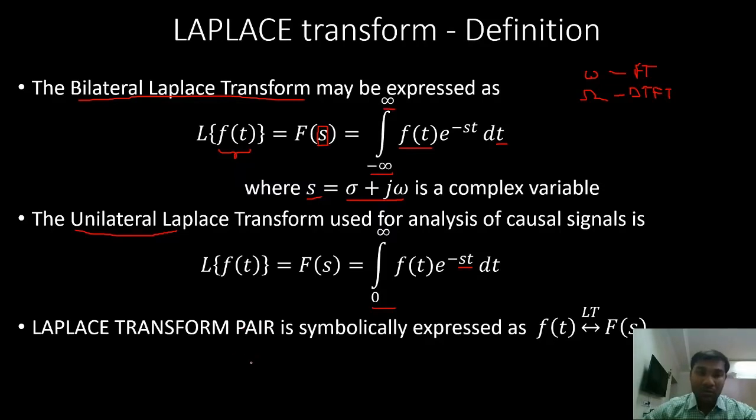Now, similar to other transform pairs, Fourier transform pairs and DTFT pairs, we'll write the Laplace transform pair. The Laplace transform pair is: f of t has Laplace transform capital F of s.